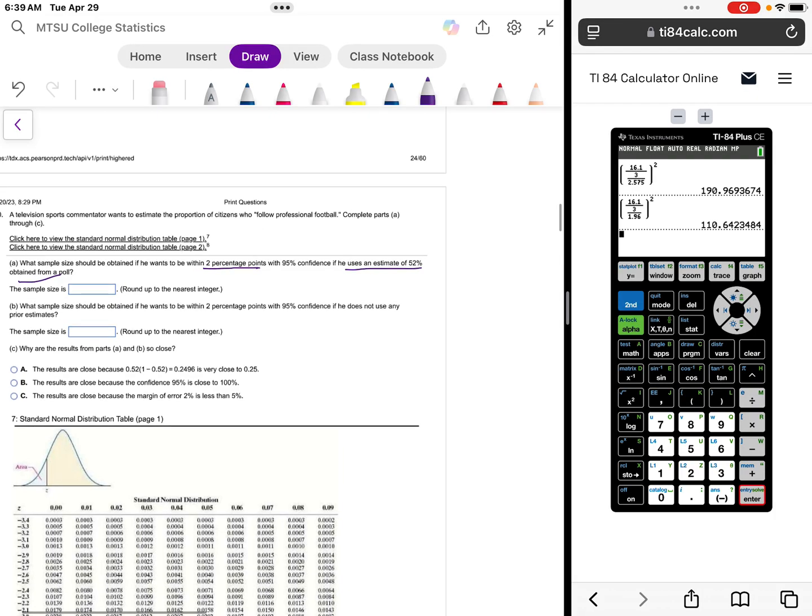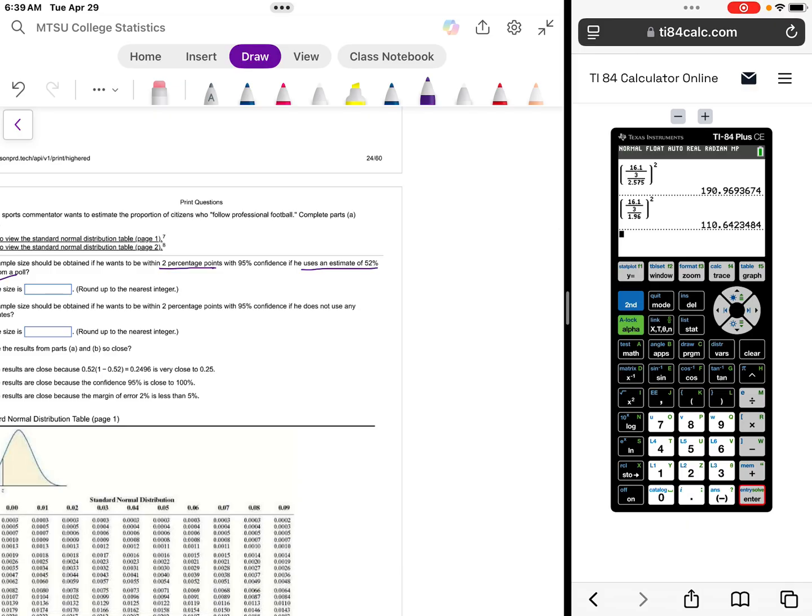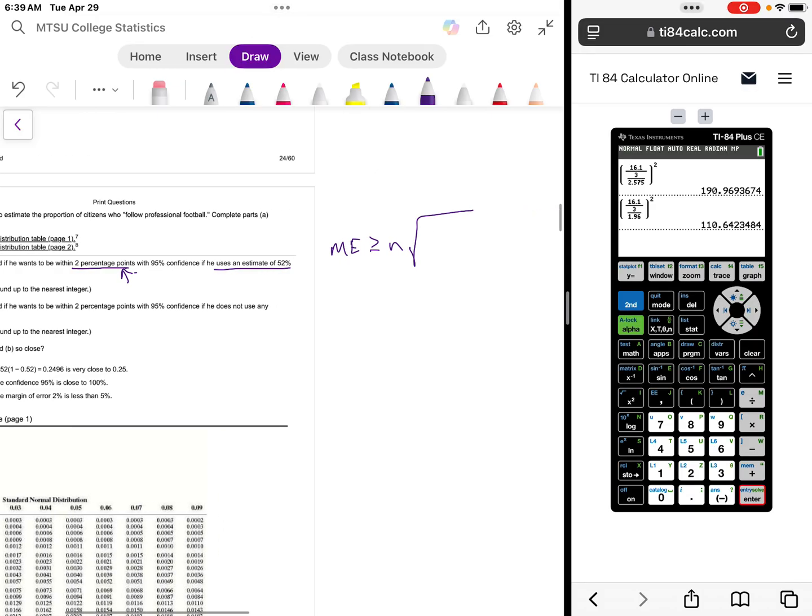So that tells me, again, we're talking about proportions, percentage points. So my margin of error is Z star times the square root of the p hat times 1 minus p hat over n. Oh, sorry, I don't know why I put an n in that place there. That's Z star. My apologies. Z star. Again, they want 95% confidence interval.